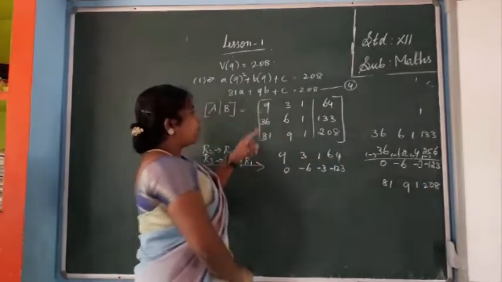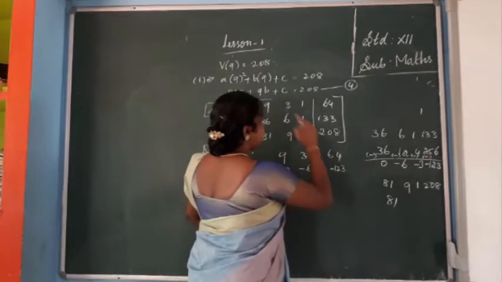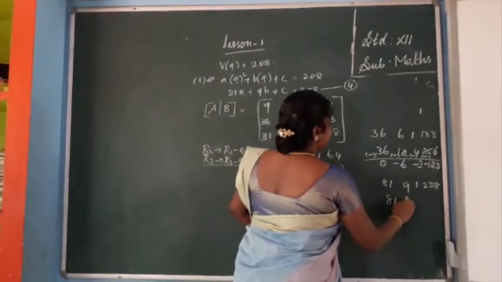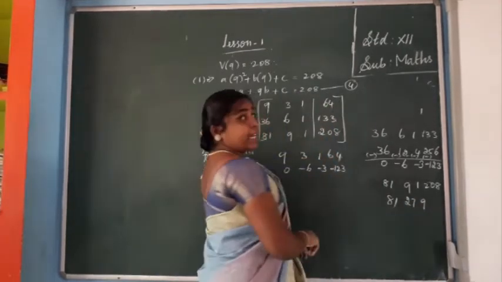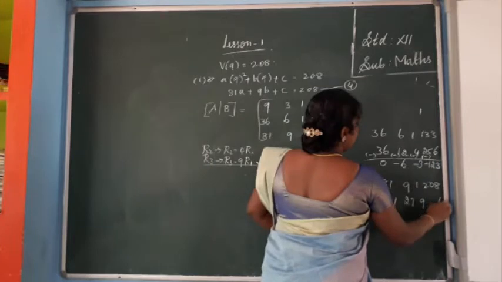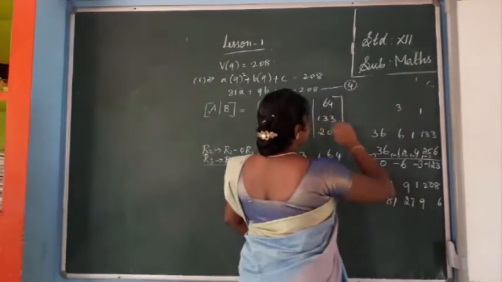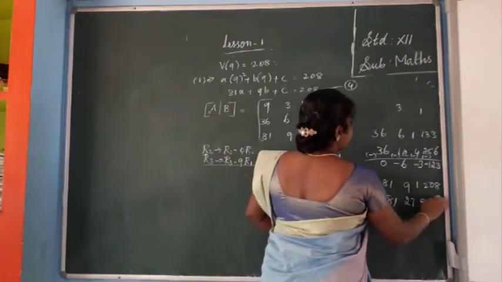We want to multiply R1 by 9. 9 9s are 81. Next, 9 3s are 27. 9 1 is 9. Next, 9 into 64: 9 4s are 36, remaining 3, 9 6s are 54, 54 plus 3 is 57.